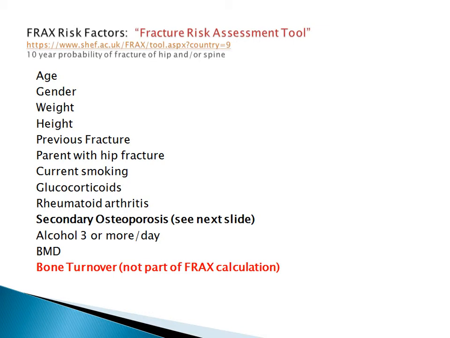Those risk factors include age, gender, weight, height, history of previous fracture, a parent with a hip fracture, current smoking, use of glucocorticoids, rheumatoid arthritis, secondary osteoporosis, which I'm going to be going over on the next slide, and alcohol ingestion. And you can calculate a FRAX using the bone mineral density or not. Bone turnover is also a measure of fracture risk, but this is not included in the FRAX calculation.